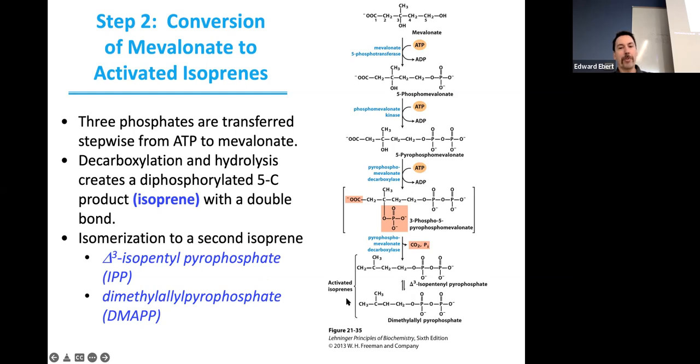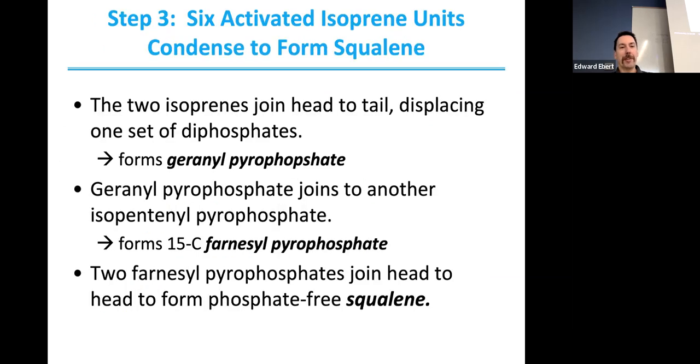These are interchangeable, but they are activated isoprene subunits. Okay. So do you need to know all these steps? No. What you need to know is mevalonate gets converted into these activated isoprenes, and it requires ATPs to do that. There's a whole bunch of steps. Okay. So no need to worry about any of those.